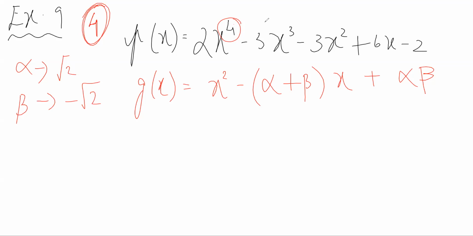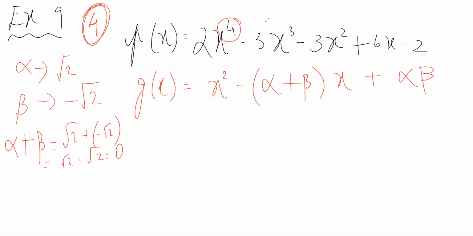Now we have alpha and beta, root 2 and minus root 2. So first let's find alpha plus beta. Alpha plus beta is root 2 plus minus root 2, which will become root 2 minus root 2, which is equal to 0.